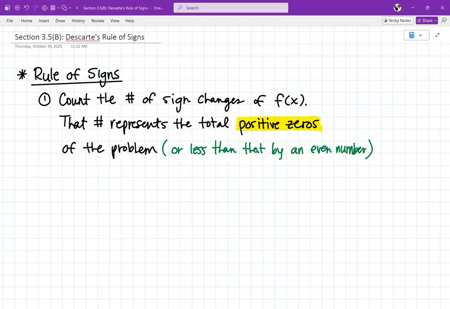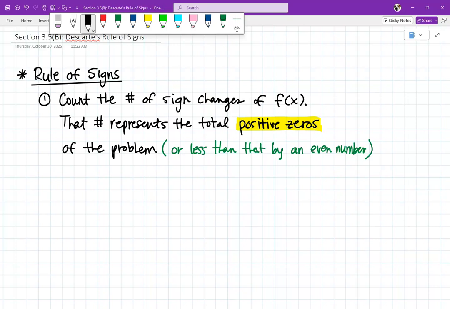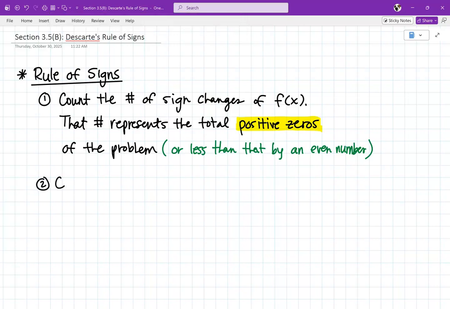The second step is basically doing the same thing, but for f of negative x. So count the number of sign changes of f of negative x. Not f of x, f of negative x.